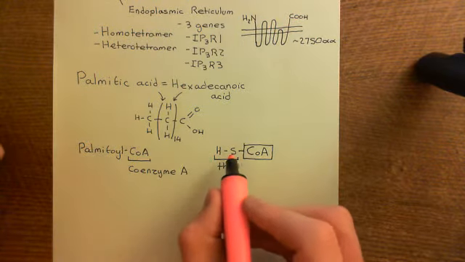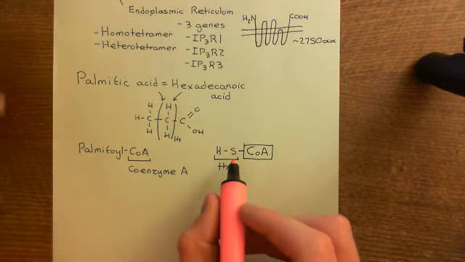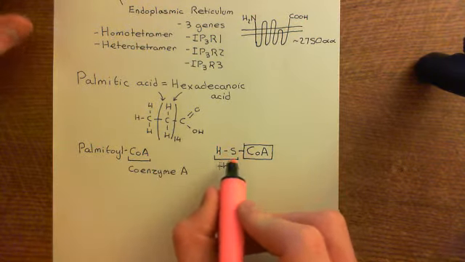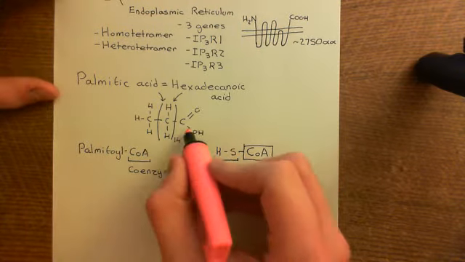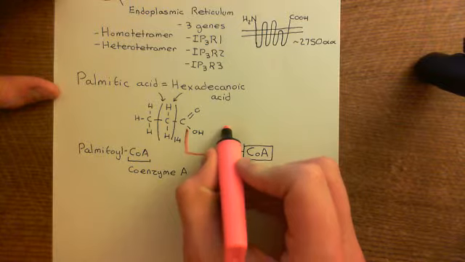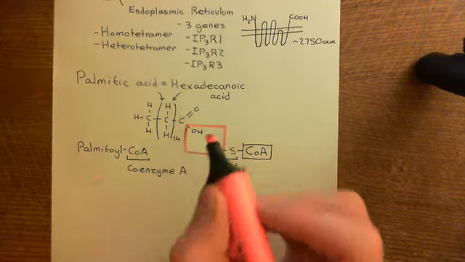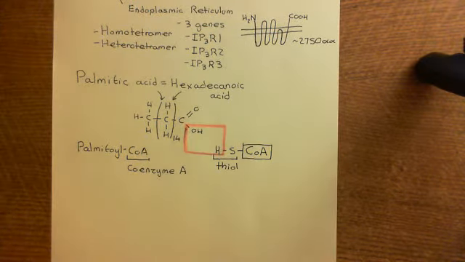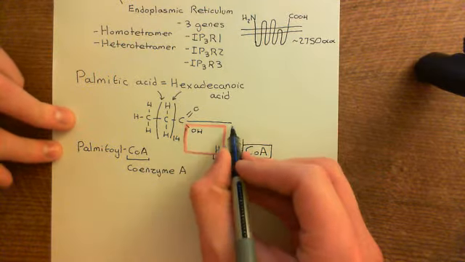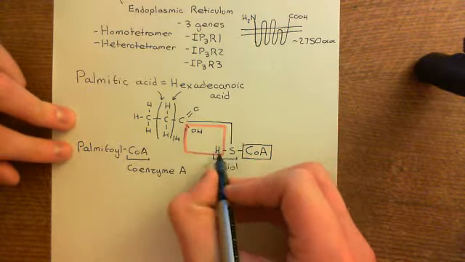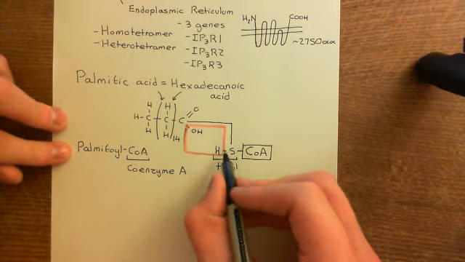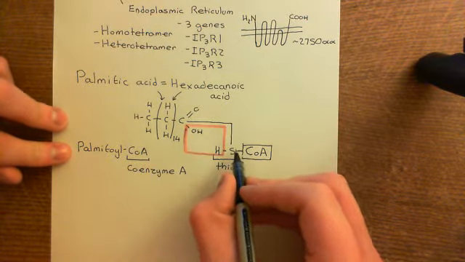So if we imagine for a moment that that is an oxygen rather than a sulfur atom, then we could bind this carboxylic acid group to this alcohol group by taking the OH off the carboxylic acid group, and the hydrogen off the alcohol group here, combining those together to make water, and then binding the carbon atom of the carboxylic acid group to the sulfur atom of the thiol group, or what we were imagining was an oxygen atom. And this, if it was an oxygen atom, would then be called an ester link.